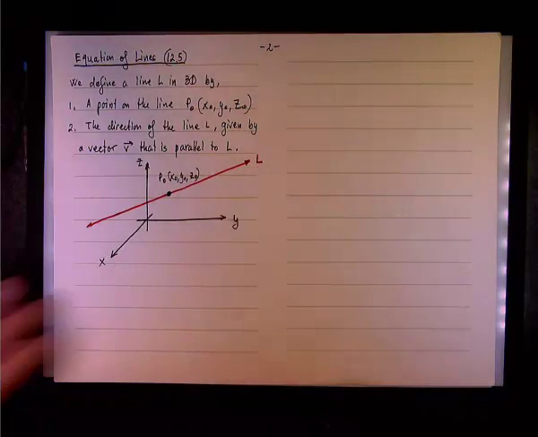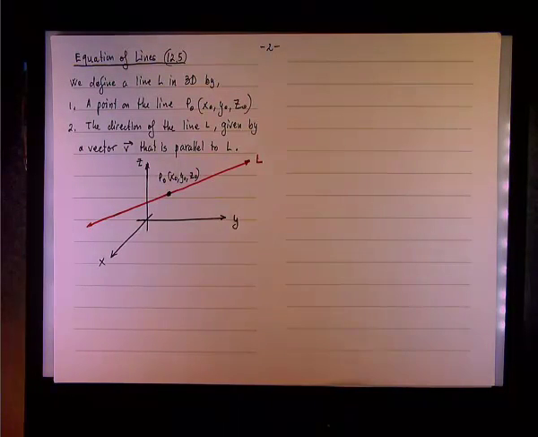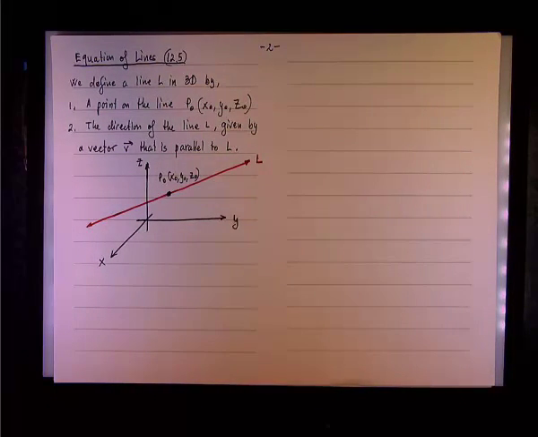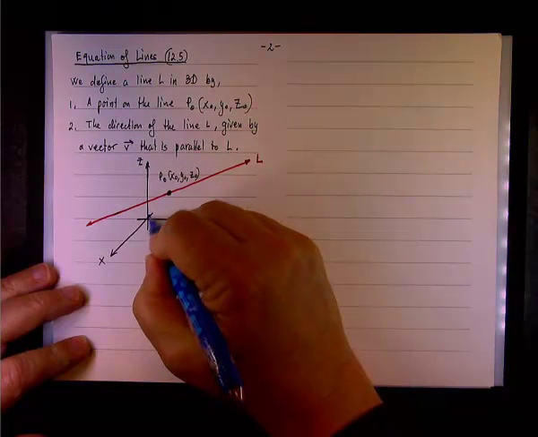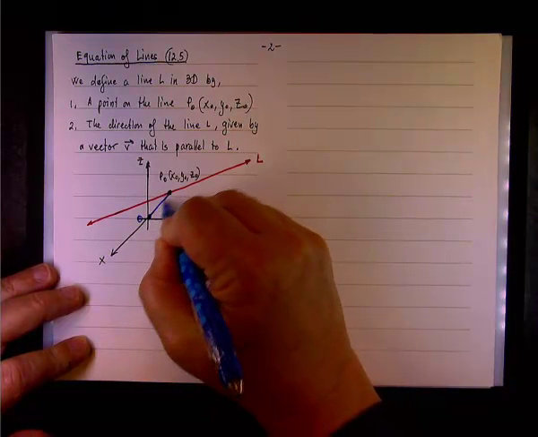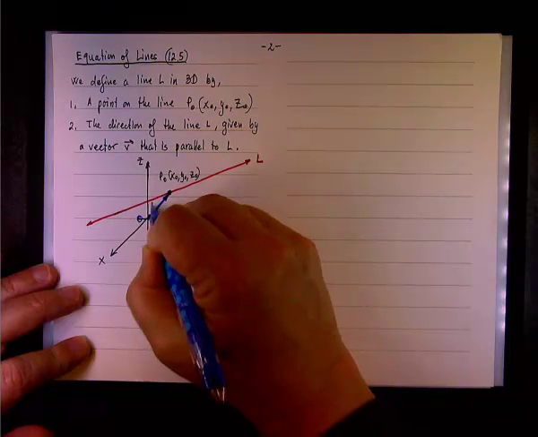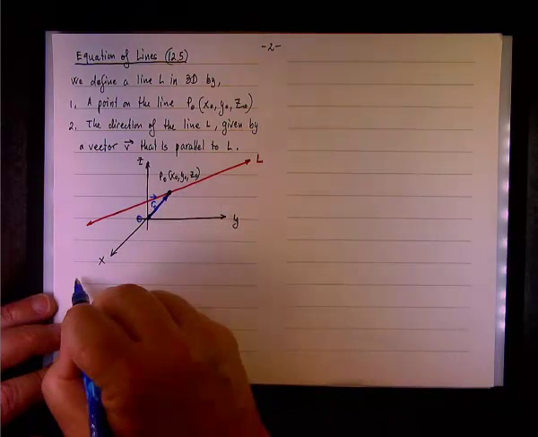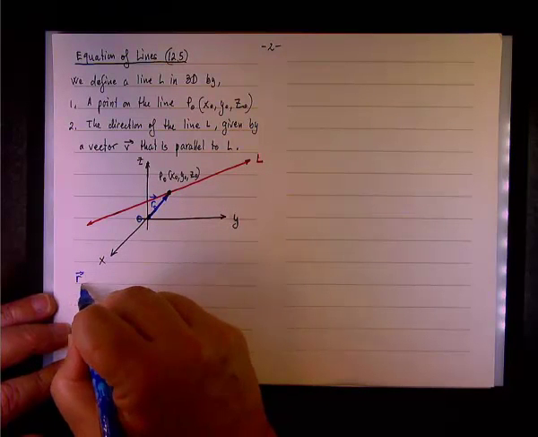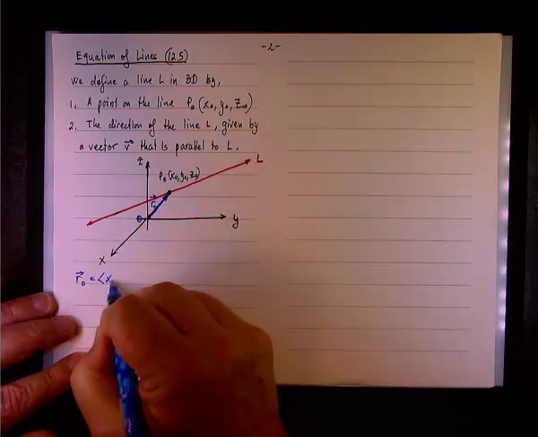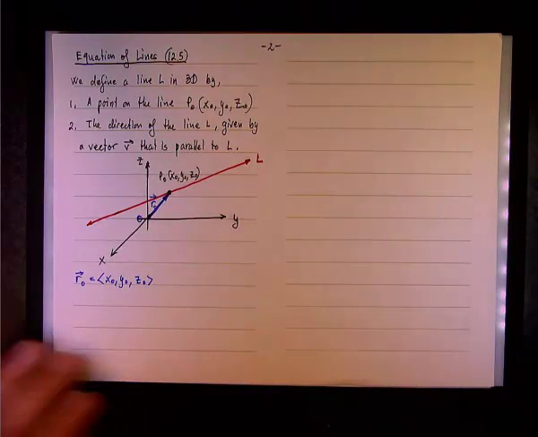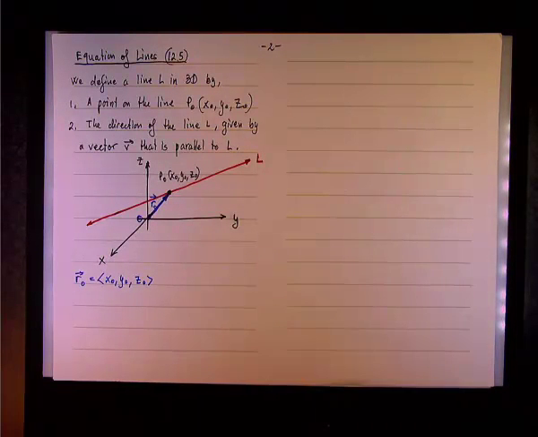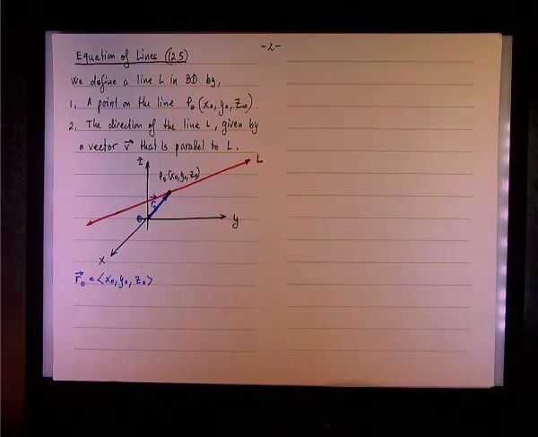So this will be point P0, with coordinates x sub 0, y sub 0, z sub 0, or x naught, y naught, and z naught. Now, the corresponding position vector, as I said earlier, will be a vector from the origin O to the point. So this will be vector r sub 0. So r sub 0, the position vector, has x naught, y naught, z naught as its components.